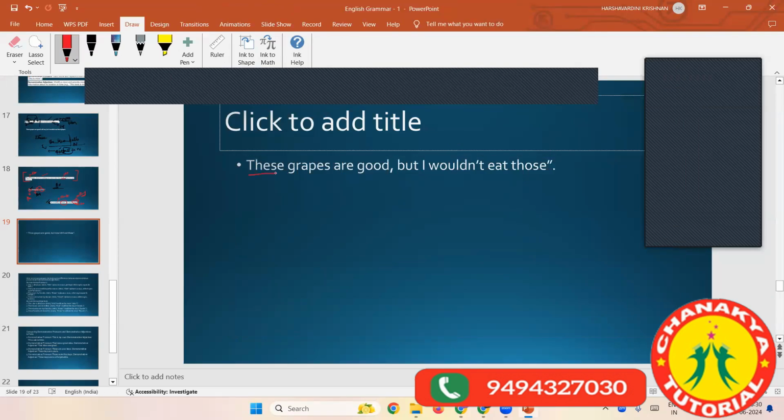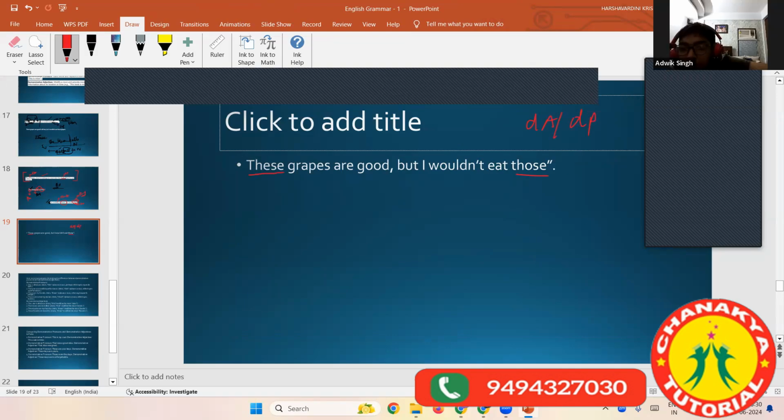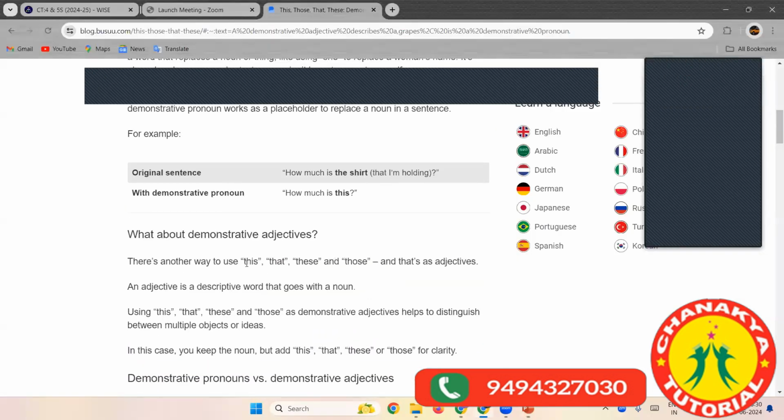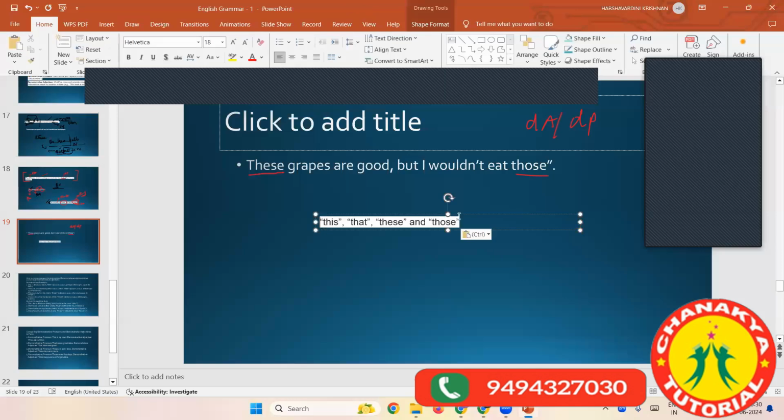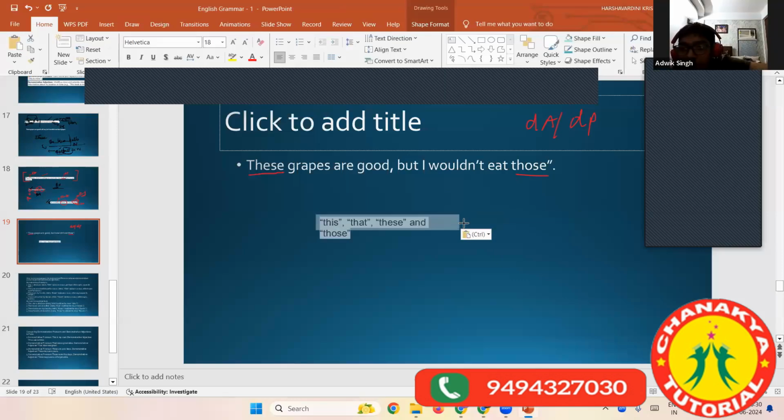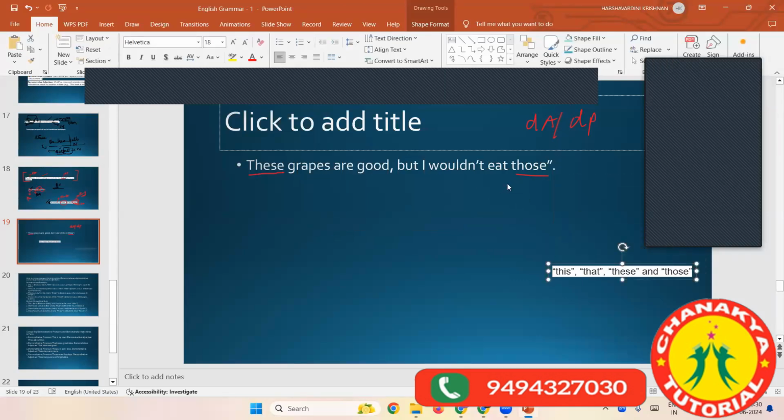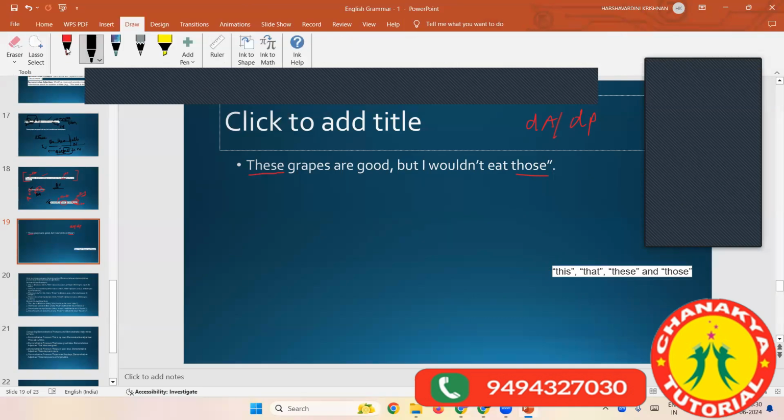Now, in this sentence, these and those may be demonstrative adjective or maybe demonstrative pronoun. Correct? It may be anything. We have only four words, that is this, that, these, and those. Correct? Only four words are there. So in these four words, these two words we got here. That is these we got and those we got.